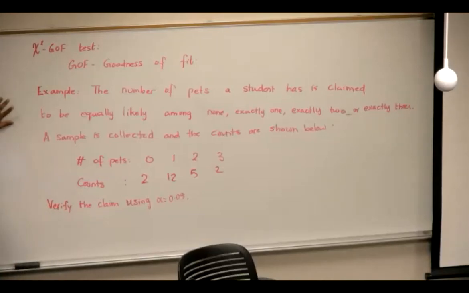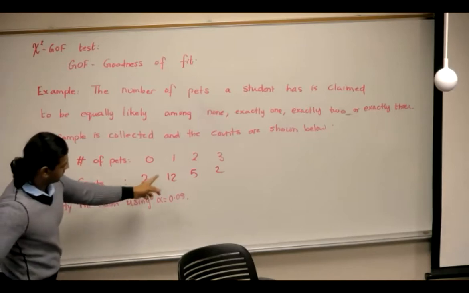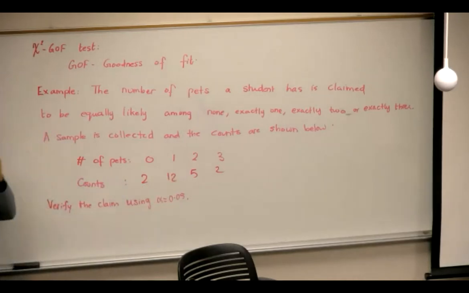So the claim is that they are equally likely, and the number of pets is 0, 1, 2, 3. Those counts are from the sample that we collected, and that happens to be 2, 12, 5, and 2.